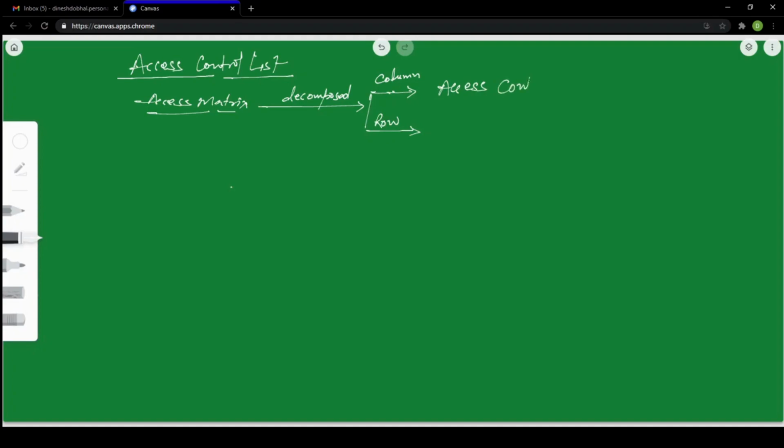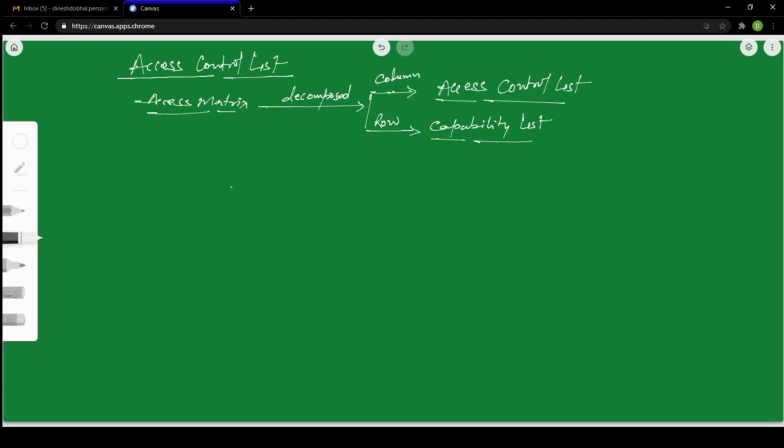Or if it is decomposed by row, then it is called as capability list. So if it is decomposed by column, then it is known as access control list, or if it is decomposed by row, then it is known as capability list.